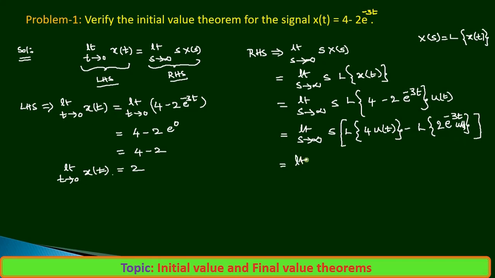So limit s tends to infinity of s times the Laplace transform of 4 u(t). The Laplace transform of u(t) is 1 by s, so 4 times 1 by s is 4 by s, minus the Laplace transform of 2 e^(-3t). The Laplace transform of e^(-at) equals 1 by s plus a.